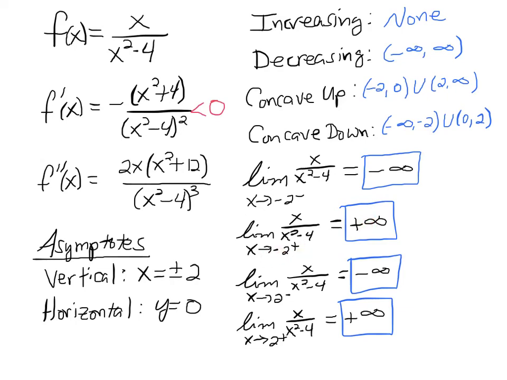Similarly, we look at 2 from the left. If we plug in numbers like 1, we get a positive over a negative, so that'd be negative infinity. And if we look at x approaches 2 from the right, we can use a test point like 3, and we get positive over positive, and that would give us positive infinity. So this is what the vertical asymptote analysis looks like. I'll talk about the horizontal asymptote analysis in the next slide.